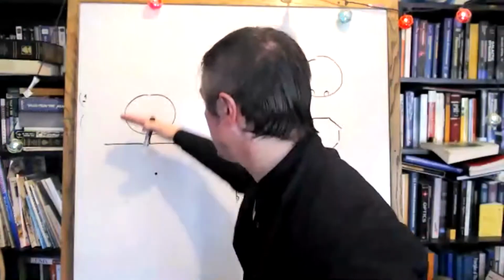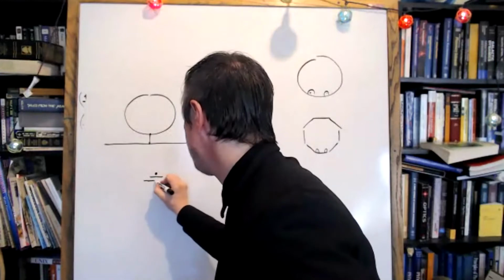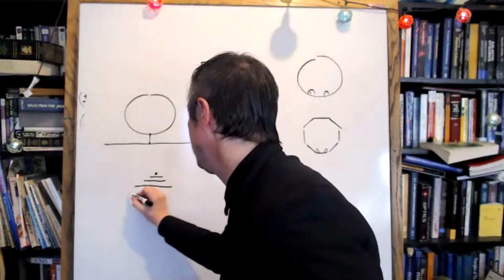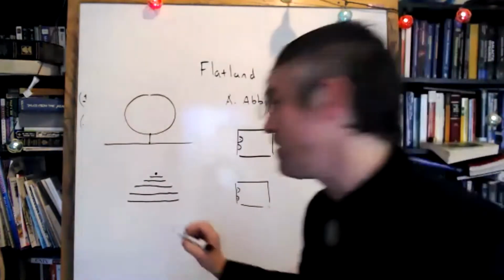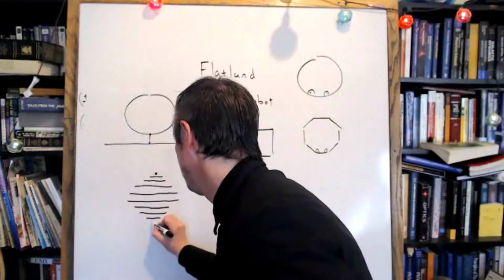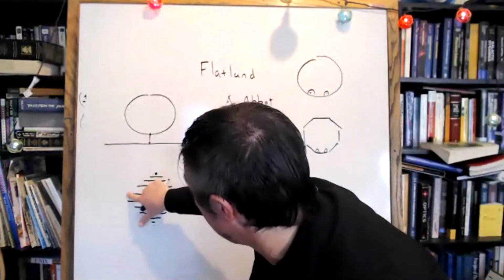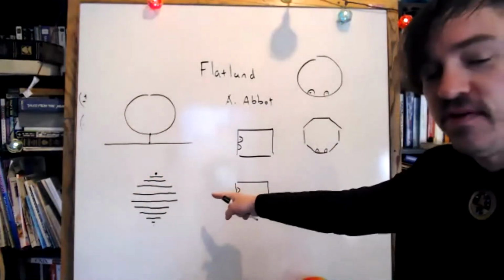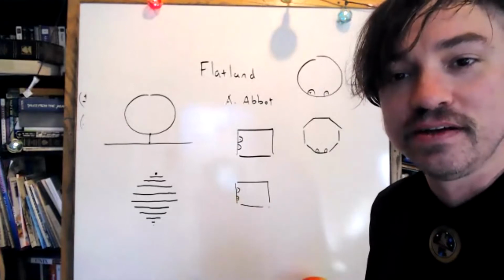Then, as subsequent slices go through, the sphere became a line that grew in size until it reached some maximum diameter, and then, as it passed through, disappeared. That's what a sphere would look like to two-dimensional creatures in Flatland.